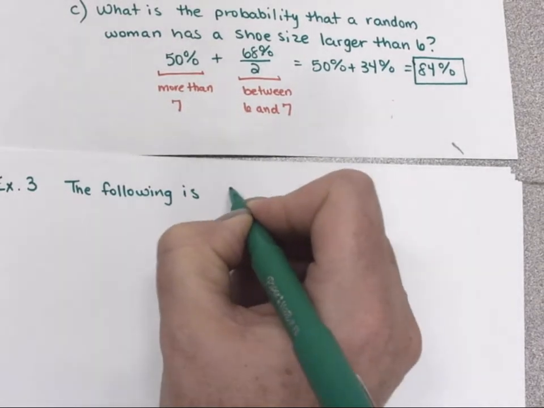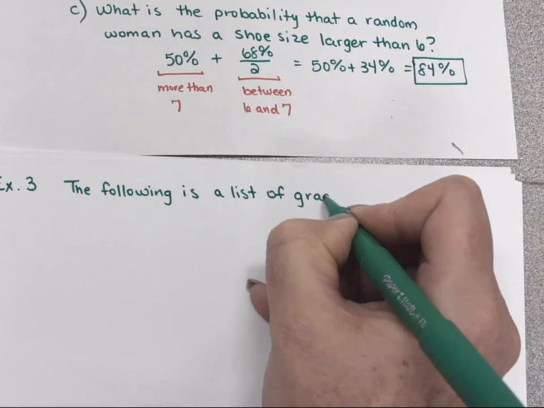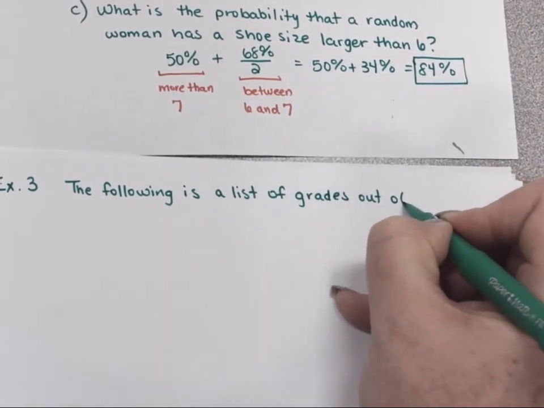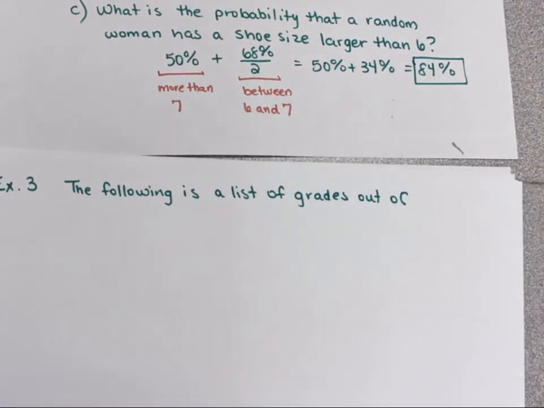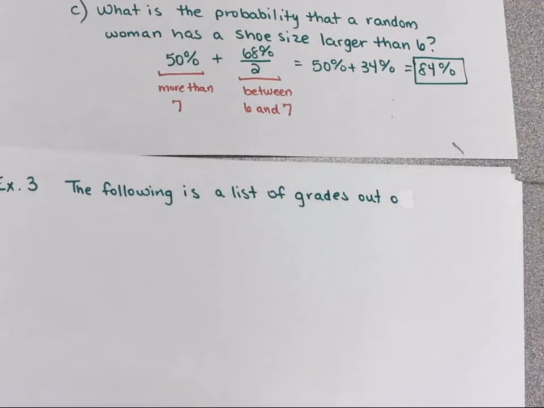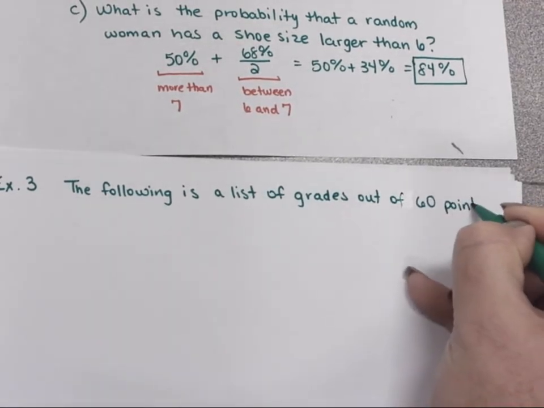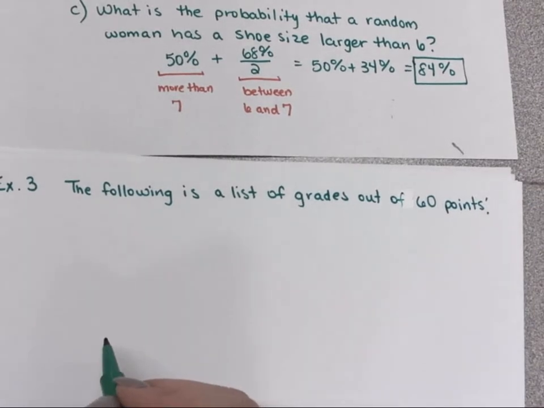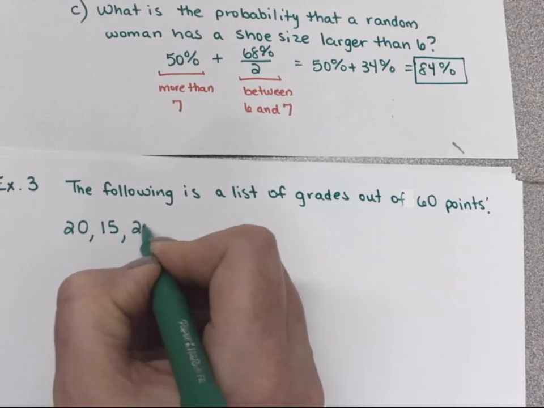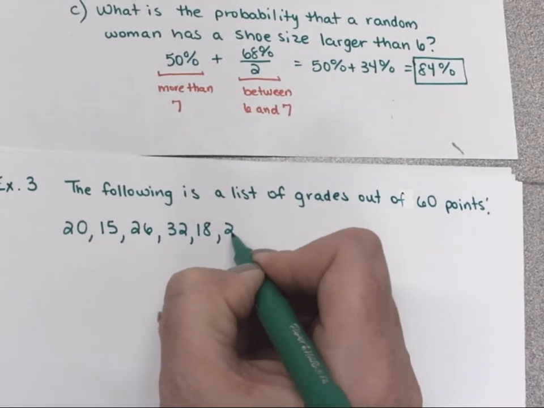So the following is a list of grades out of 60 points. So let's say I was recording the grades and these are the grades. So remember it's out of 60. So some of these grades aren't fabulous, but they're better than they'd be if they were out of 100, right?